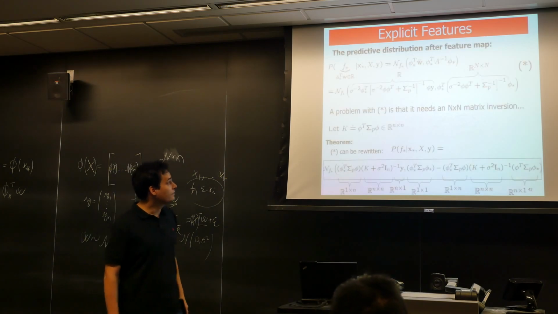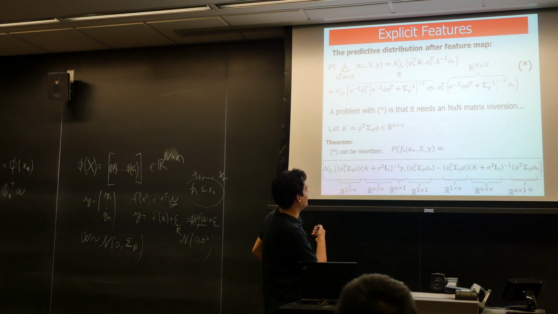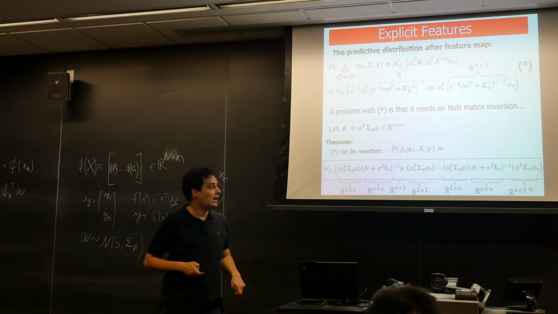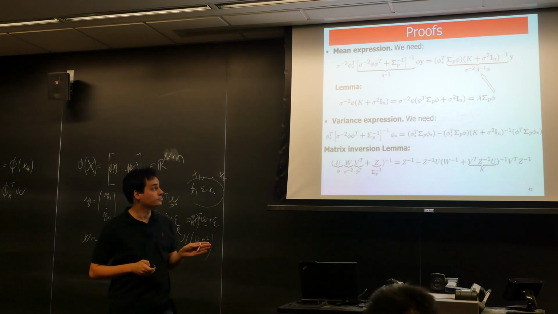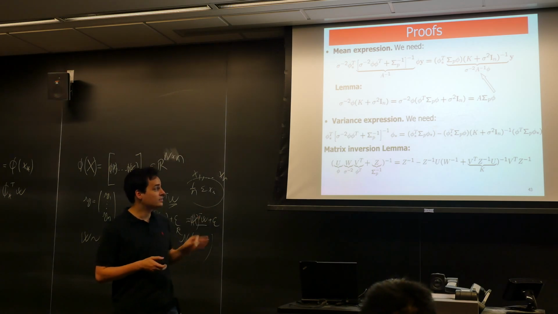What is left is to prove that this mean is the same as this mean, and this covariance is the same as this covariance. This is in the next two slides. I just want you to go home and look at those slides, and if you have questions, then ask me, but let's not spend more time on that. The details are there.